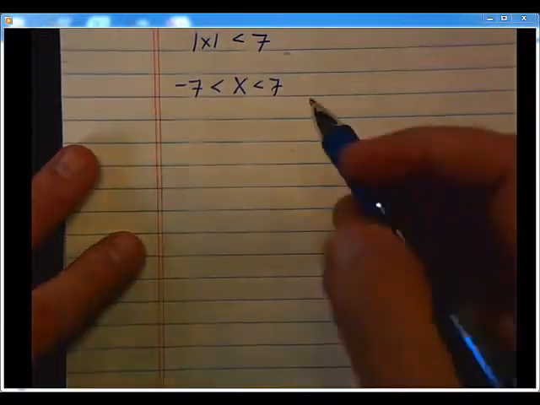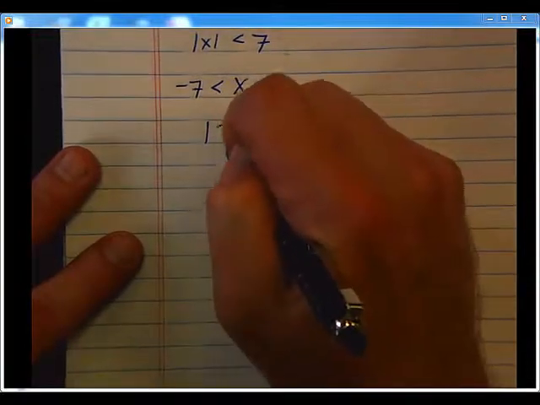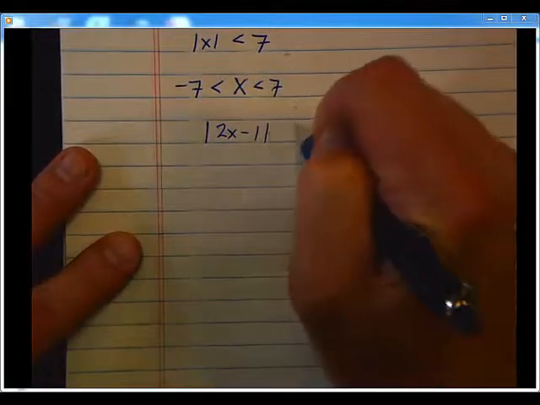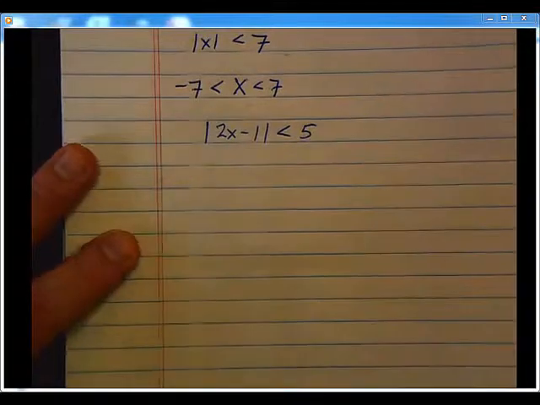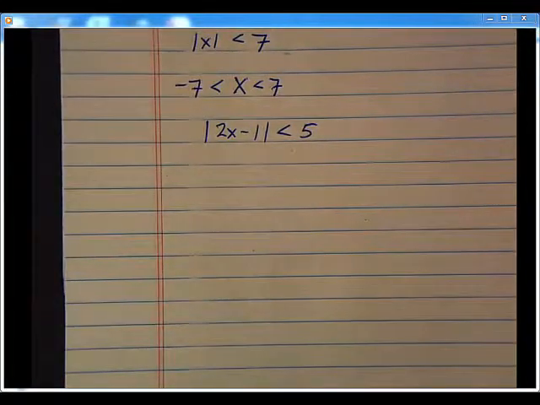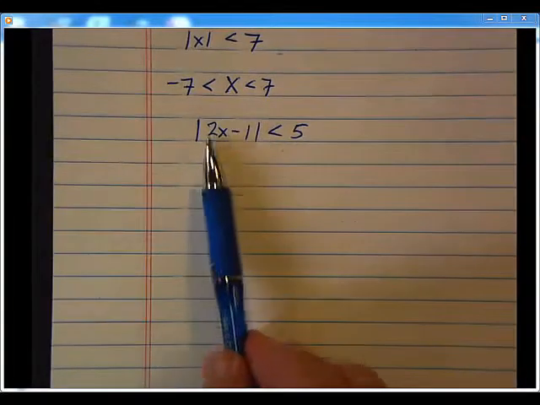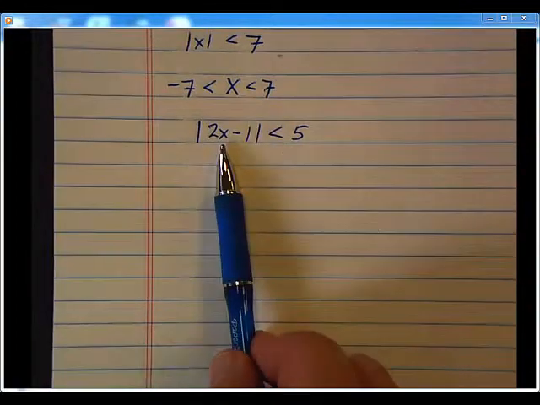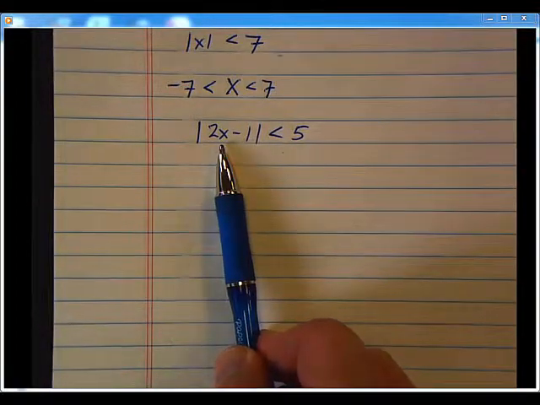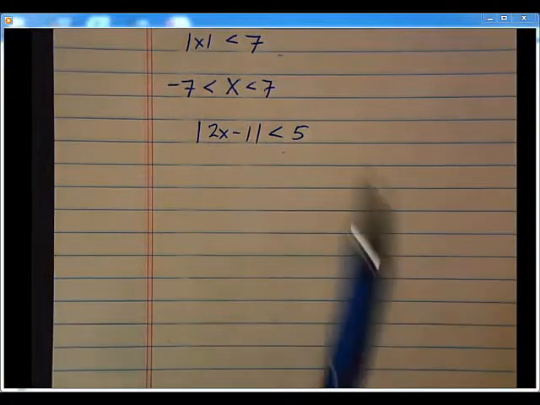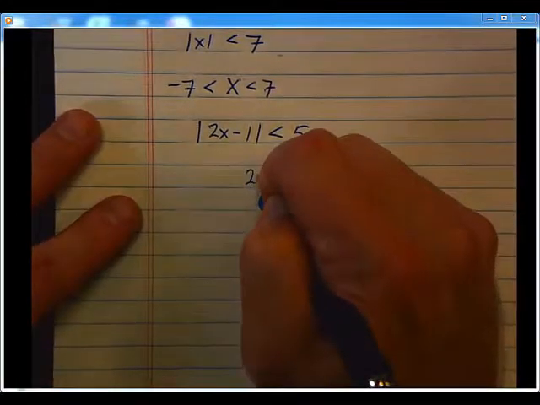The same thing's going to work if you have an absolute value with a less than, but you have something more complicated than just x inside. What's going to happen here is whatever's inside our absolute value bars, the biggest possible number it could be would be anything less than 5.